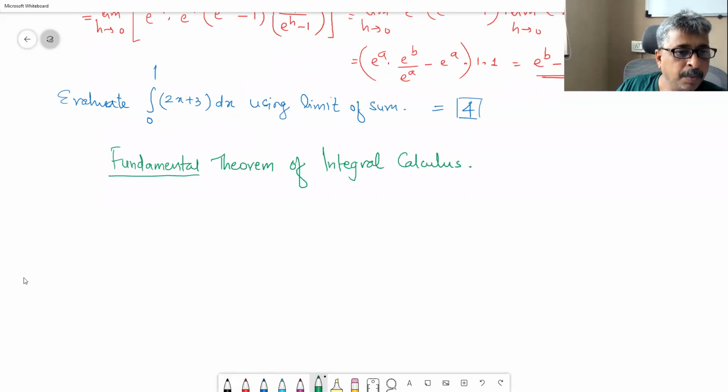Fundamental theorem of integral calculus. The statement I will write and give you some time to prove.